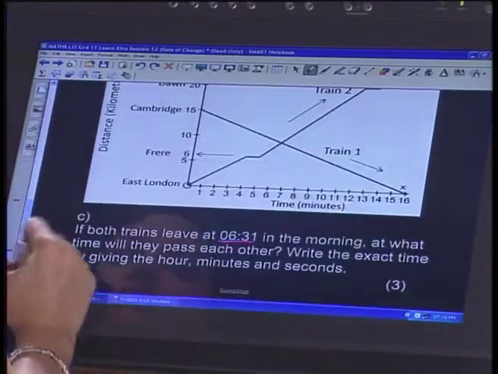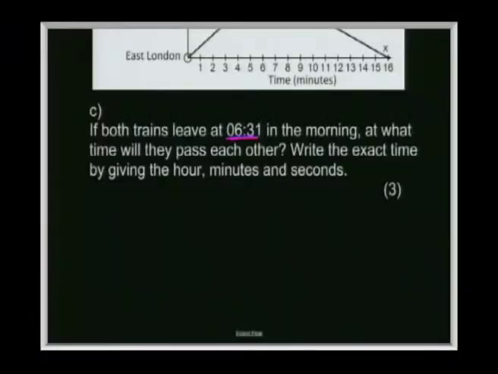So we know that 6,8 minutes is equal to 6 minutes plus 0,8, which is a portion of a minute. And we're going to have to convert this part, our decimal part, into seconds because we've been asked to give our answer in hour, minute, and seconds.